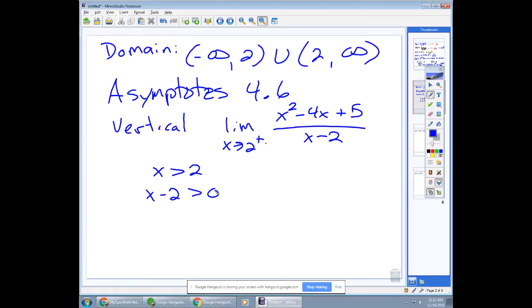Okay, so that's good to know. The denominator is some positive number. Other thing is I'm close to 2, right? So that means if I'm close to 2, this difference must be very small. Right? So what does my fraction look like here in my limit? Well, I have a very small positive number in the bottom.